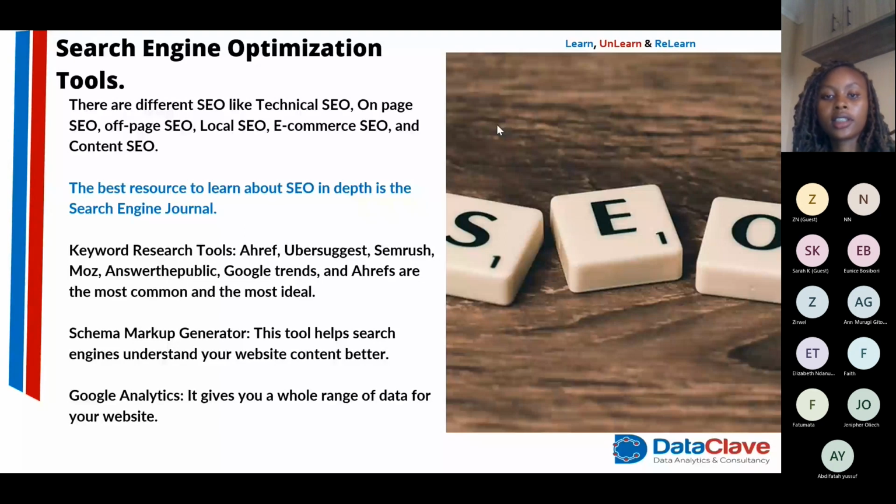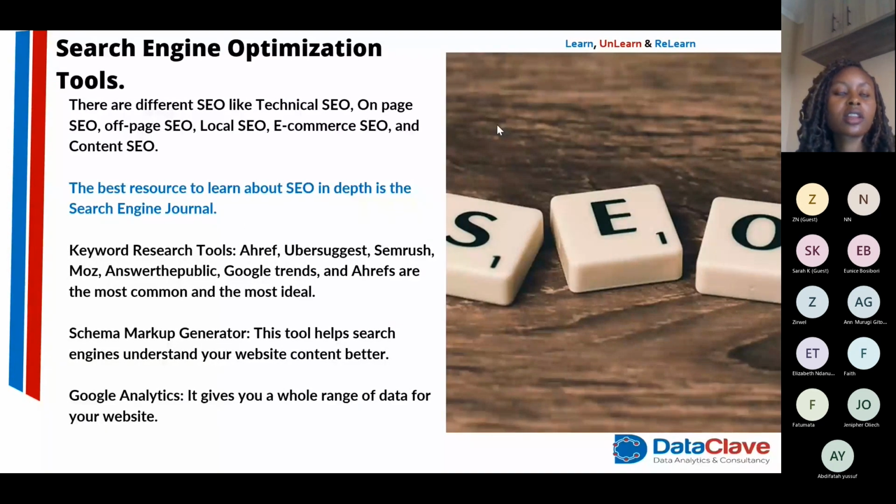Like I said, with different types of SEO, we have different types of tools, obviously, that a business can use to optimize SEO. I mentioned the keyword research tools: Ahrefs, Buzzsuggest, SEMrush. Then you have Moz, Answer the Public, and Google Trends.